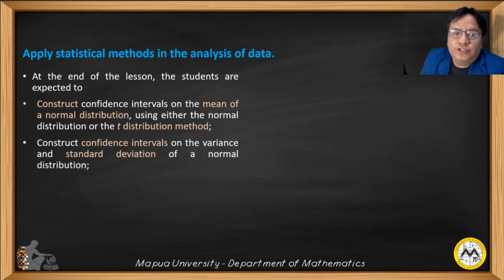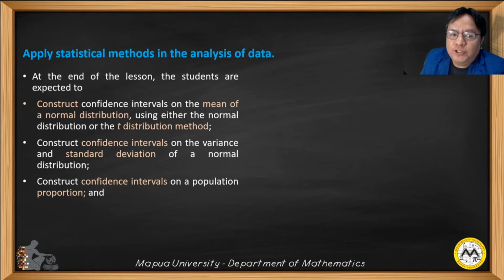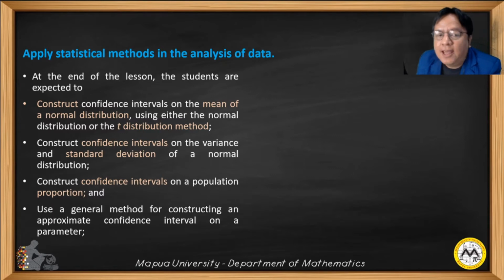We're going to construct confidence interval on the variance and the standard deviation of a normal distribution. We're going to construct confidence interval on a population proportion, and lastly, we're going to use general method for constructing an approximate confidence interval on a parameter.